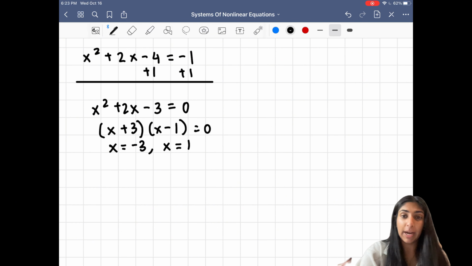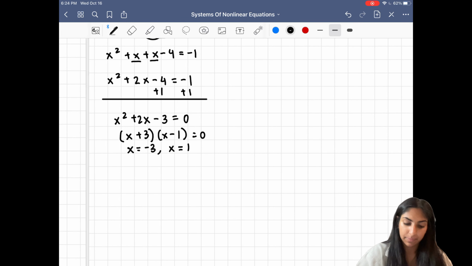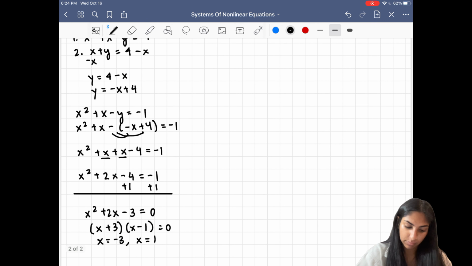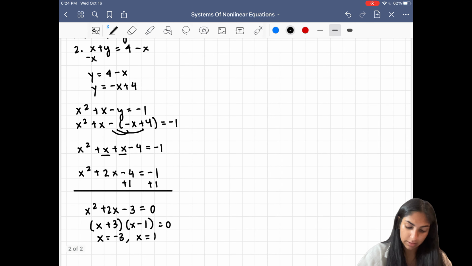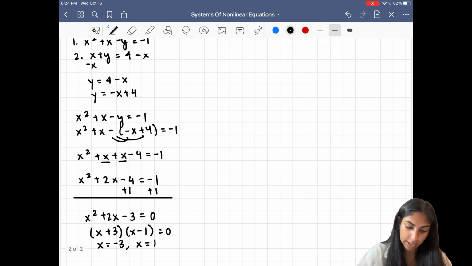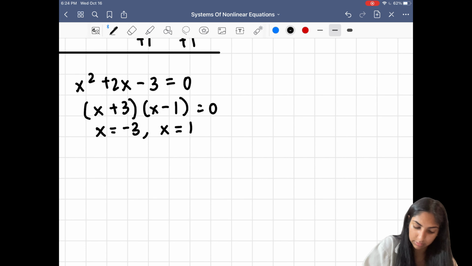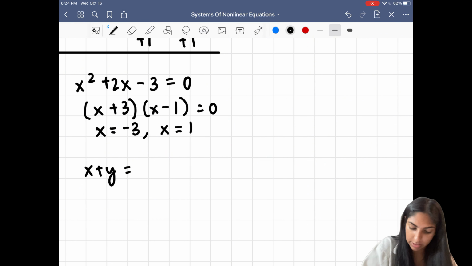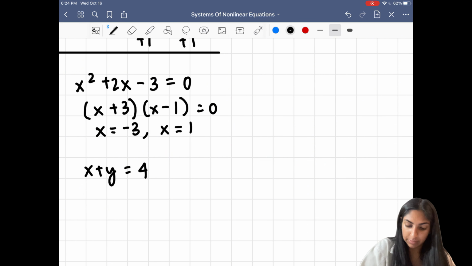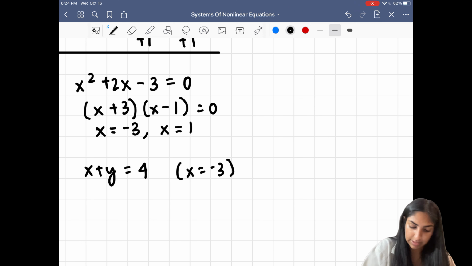Now we can substitute back to find y. So if we have x plus y equals 4, and x is negative 3, then we can say negative 3 plus y equals 4, and we can add 3 to both sides.